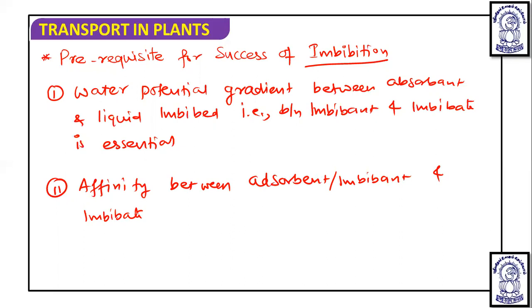If it is hydrophobic, it won't absorb water, and imbibition cannot occur. Okay, so affinity should be there, and obviously dry woods and dry seeds have affinity. In application, the swelling of wood was used by prehistoric men to split rock and boulders. Seedling emergence or seed germination occurs due to imbibition.